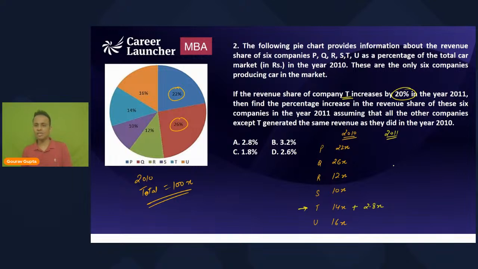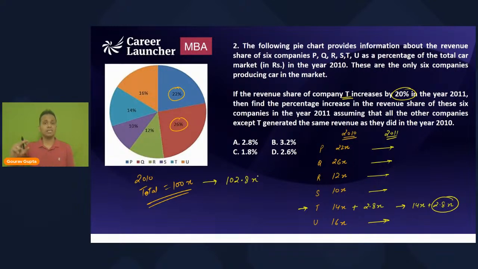So the value of 2011 for this particular company has become 14x plus 2.8x, right? And simultaneously, it is given that the revenue of all the remaining companies remained the same. So can I say that the total, which was 100x earlier, increased by only 2.8x, and the new total will be 102.8x because the revenue share of other companies remained the same.